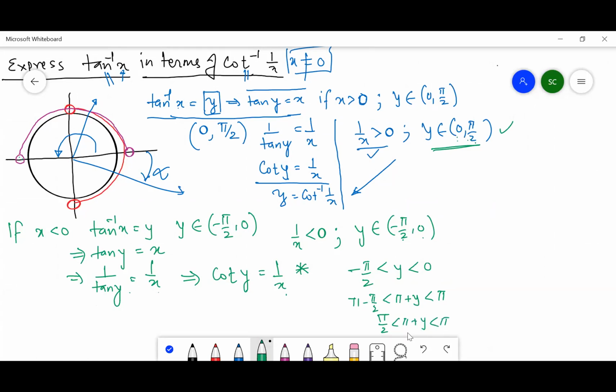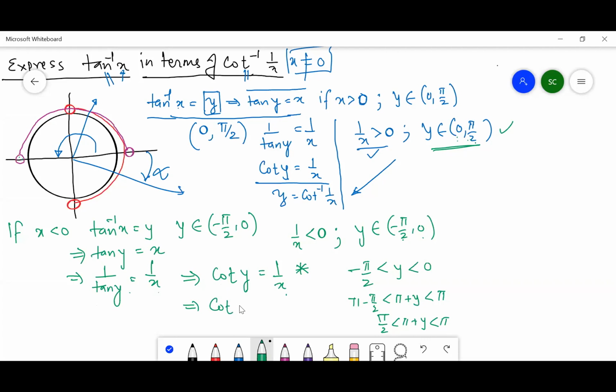Pi plus y is an acceptable angle now because it is between pi by 2 to pi. However, we need to check whether cot of pi plus y is equal to cot of y, and it is. Trigonometrically it is true.